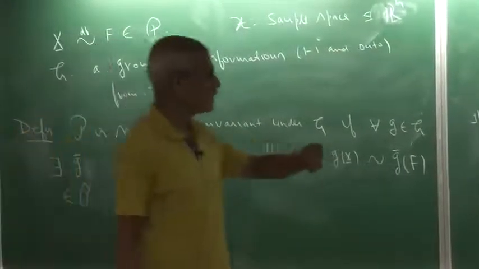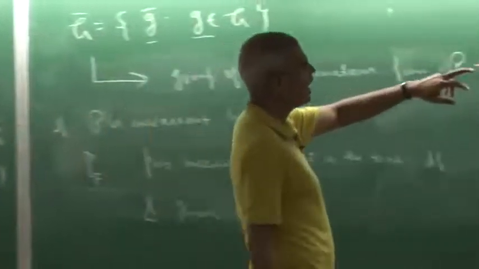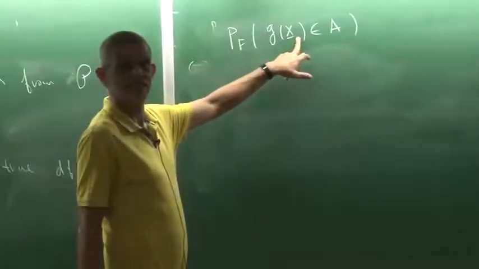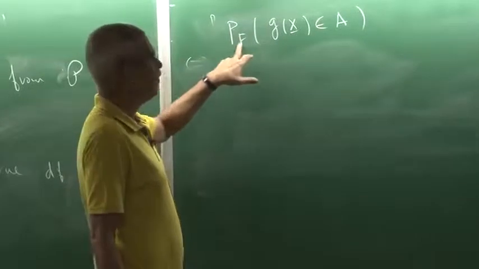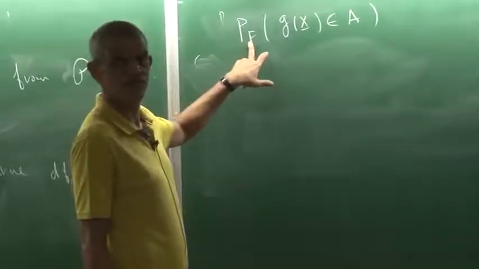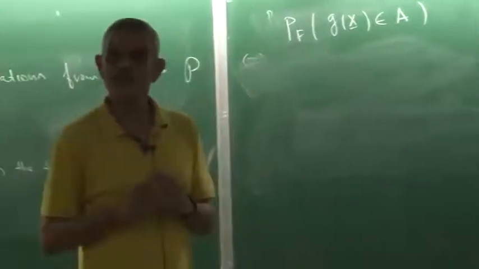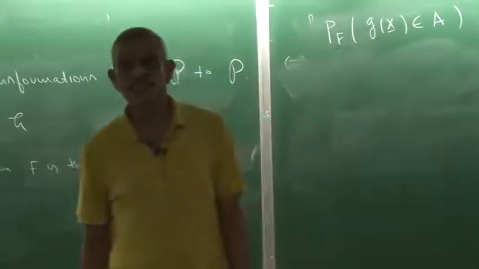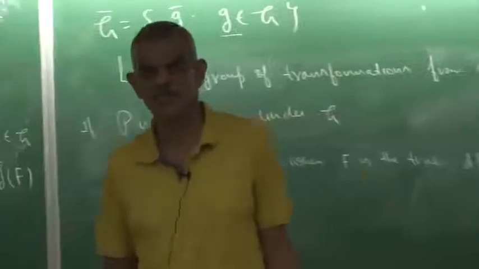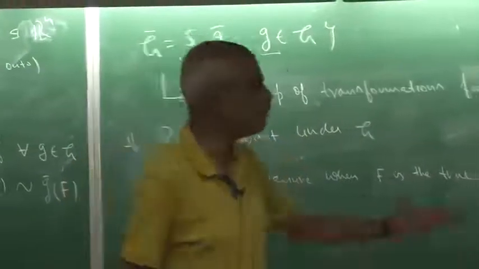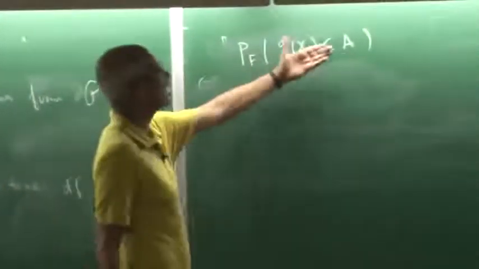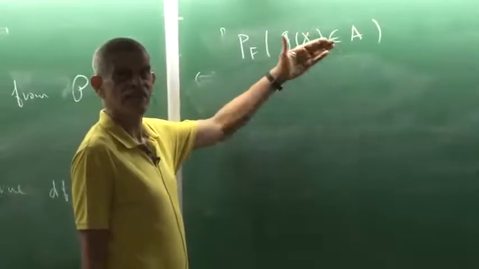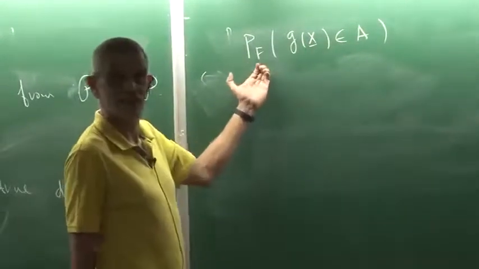What is the probability that g of x is in A when my data is coming from f? But I know that if our data is coming from f, then gx has the same distribution function as g bar of f. So this would be the same as the probability that x belongs to A as if x has a distribution function g bar of f.